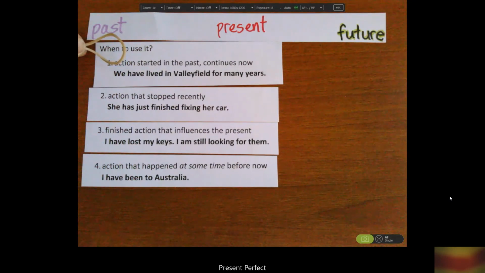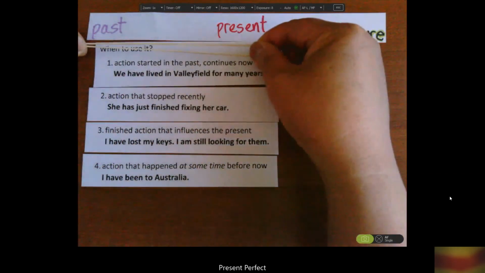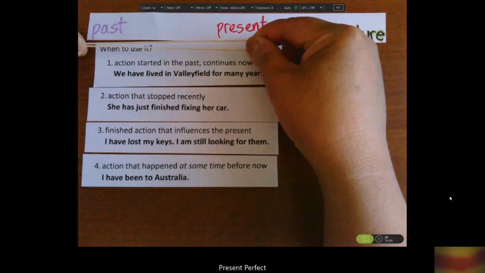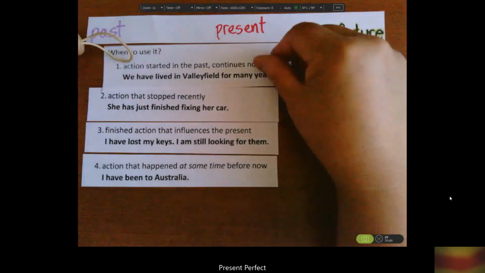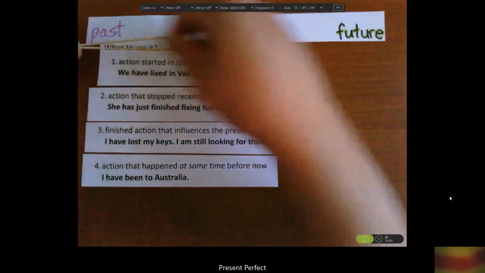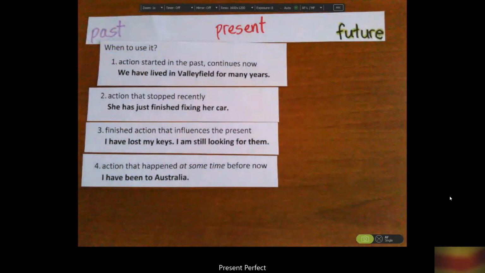And I said, yes, I have been to Australia. And now we are bringing that trip into the present by using the present perfect. And that is the context. The trip was in the past, but the context is I want to talk about it now. And that's the fourth reason we would use it.